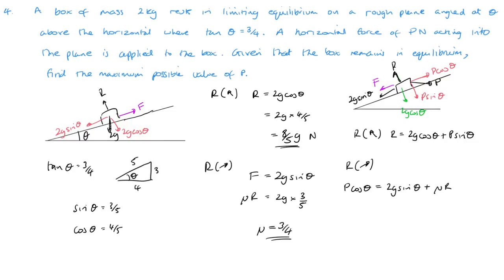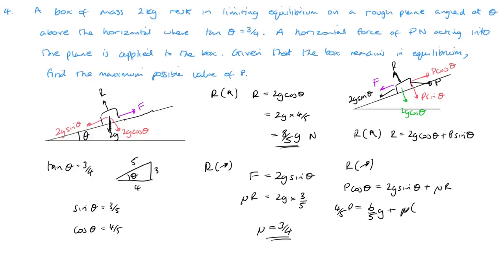So 4/5 P equals 2g times sine theta, so that's 6/5 g, plus mu, and then this is now 2g cos theta.